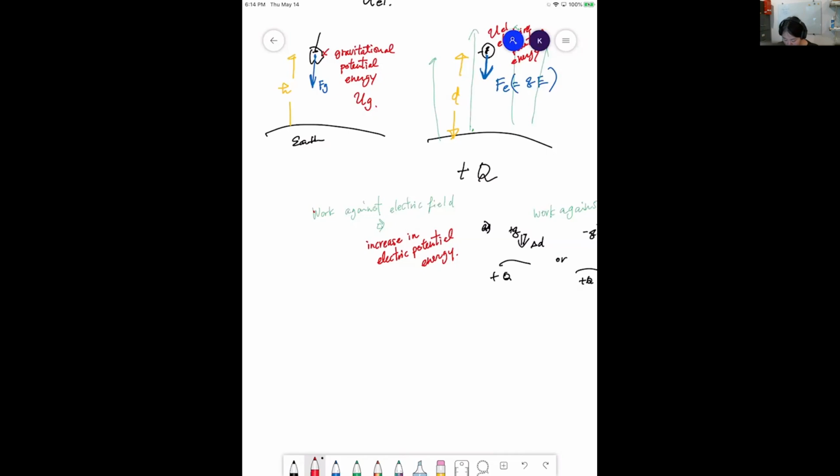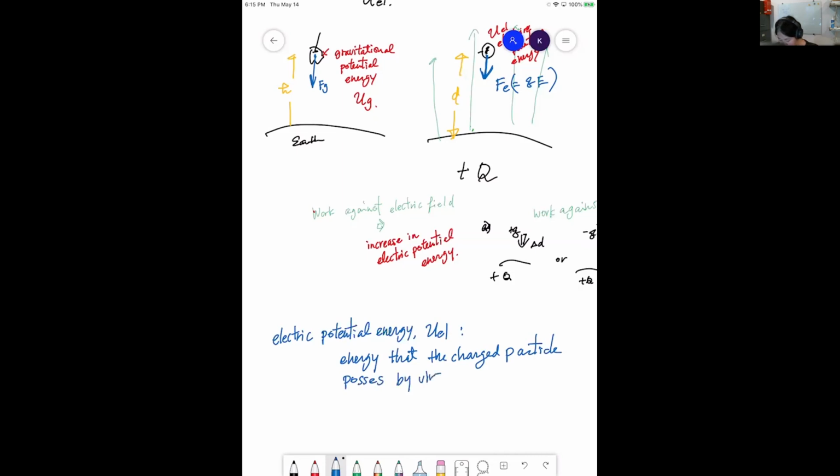So electric potential energy is the energy that the charged particle possesses by virtue of its location in an electric field.